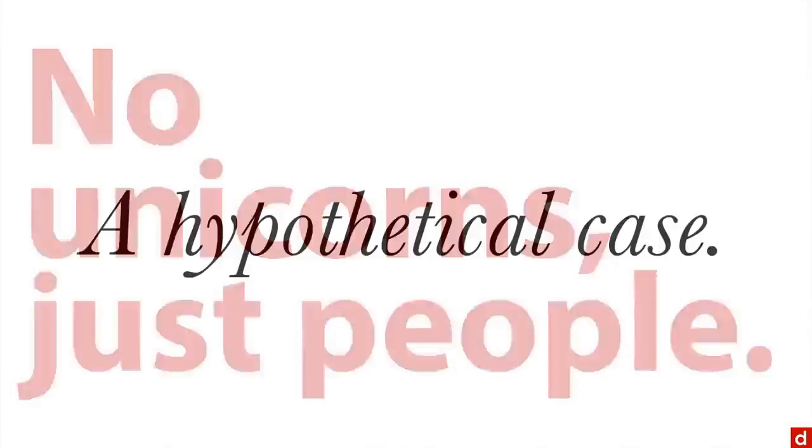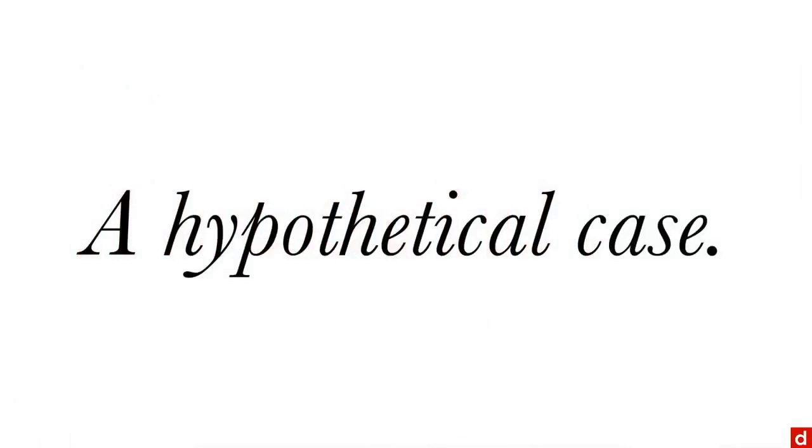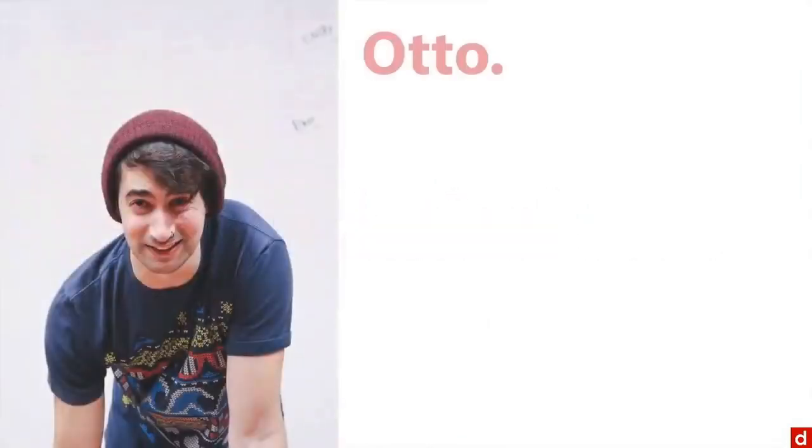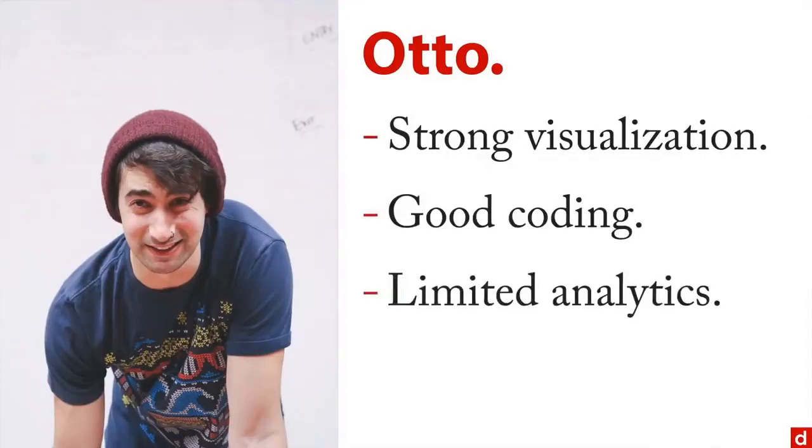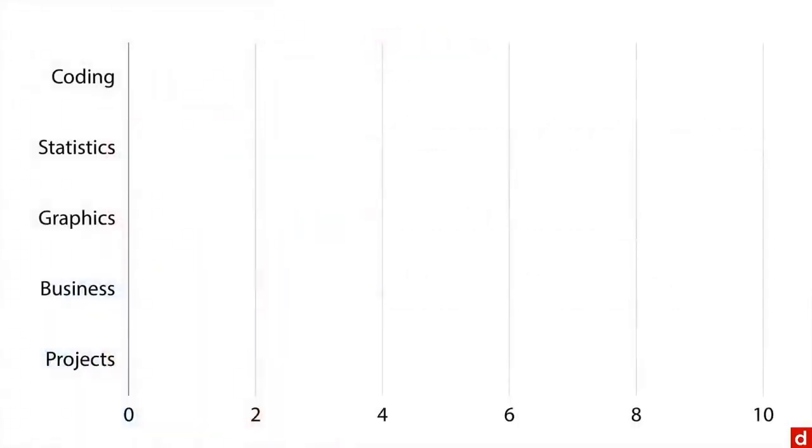So let's take a hypothetical case just for a moment. I'm going to give you some fictional people. Here is my fictional person, Otto, who has strong visualization skills, who has good coding, but has limited analytics or statistical ability. And if we graph out his abilities, here we've got 5 things that we need to have happen.